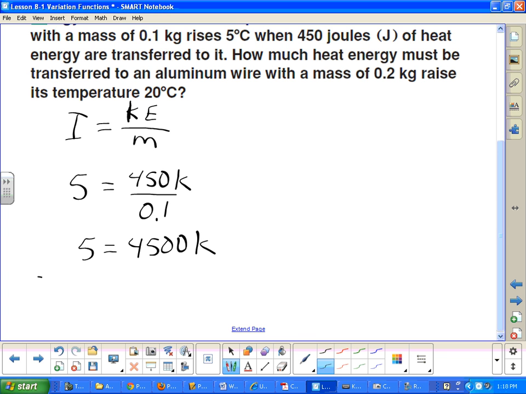If we're dividing by 1/10, that's the same as multiplying by 10. So then we divide by 4,500. Now, we could change it to a decimal. I like a fraction in this case. How many times is 5 going into 45? All right, 9. So K, in this situation, is equal to 1 over 900.